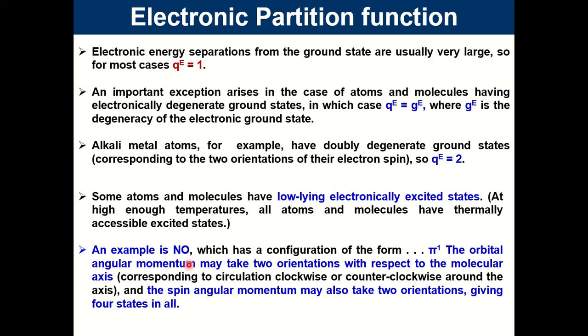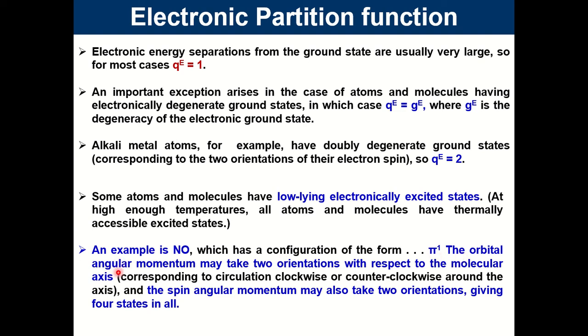An example of this case is the NO molecule, in which the molecular electronic configuration can be written as pi to the power 1. This is only the topmost valence orbital that we are showing. There is an unpaired electron, so this is a molecule which has an unpaired electron in the pi molecular orbital.